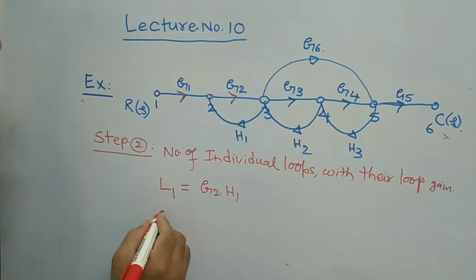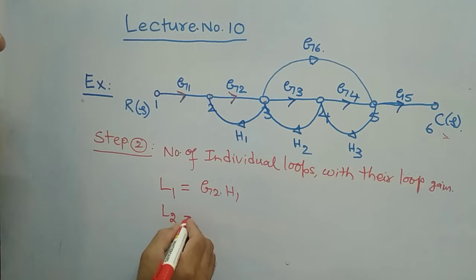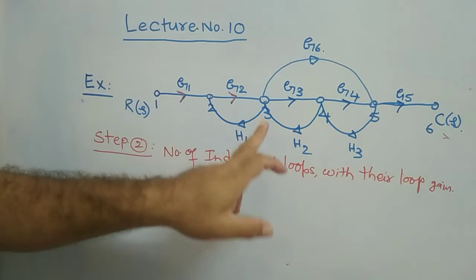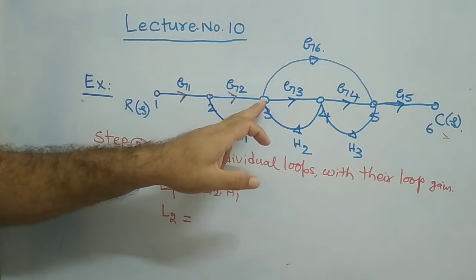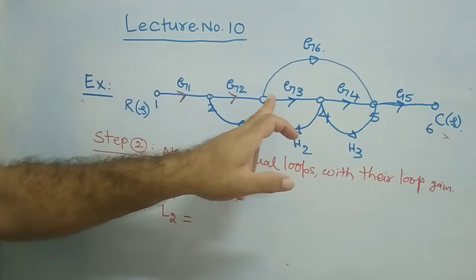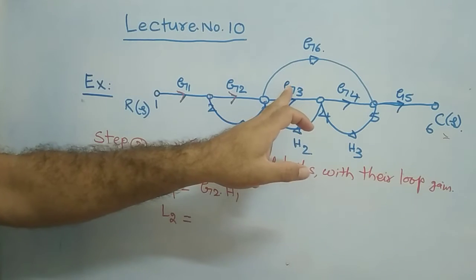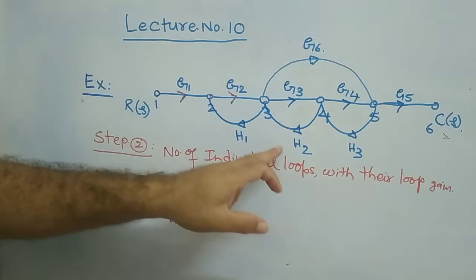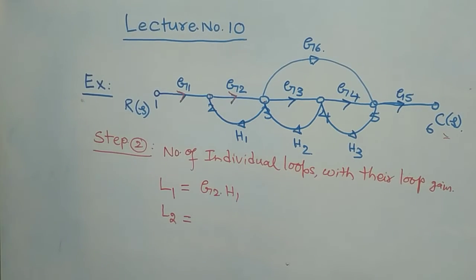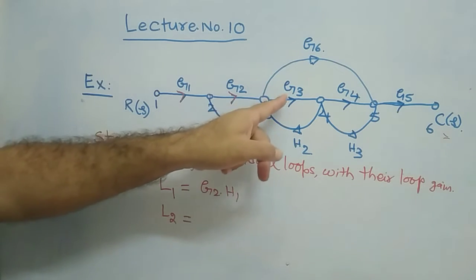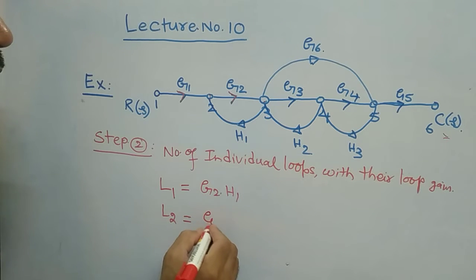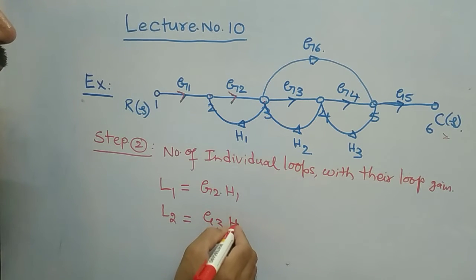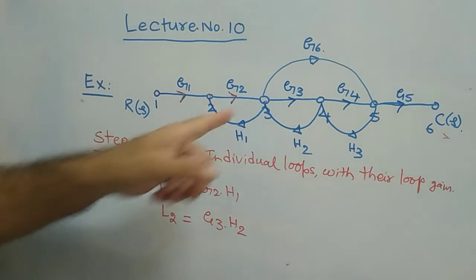Similarly, is there any other loop? L2. If you see the second one, from node 3 to node 4 there is a forward direction with gain G3 and it is coming in the backward direction with gain H2. So what is the gain here? G3 into H2. Therefore, the second individual loop is G3 into H2.